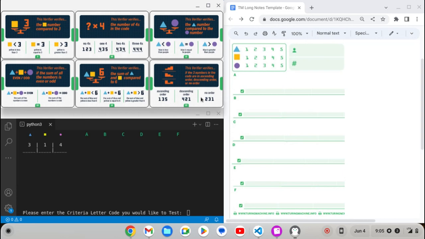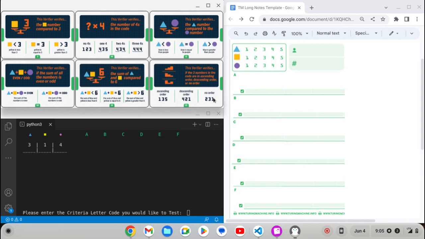Since it goes from 2 to 3, it increases, but then it goes down from 3 to 1. So that decrease makes it have no order.